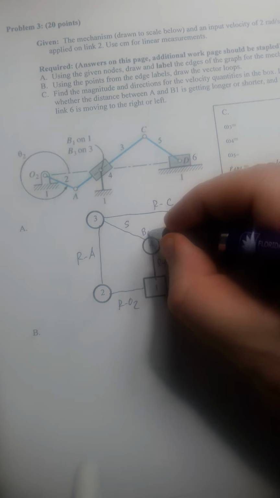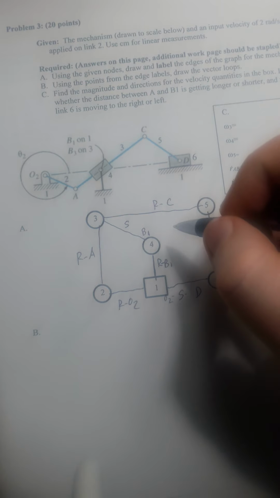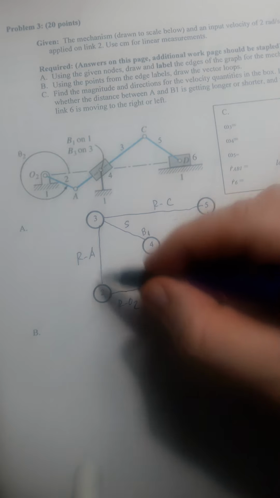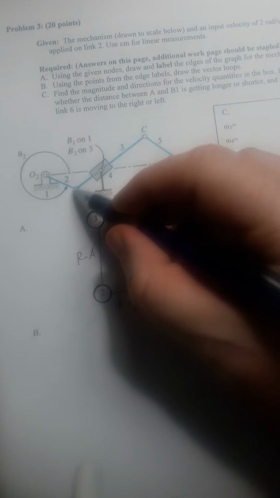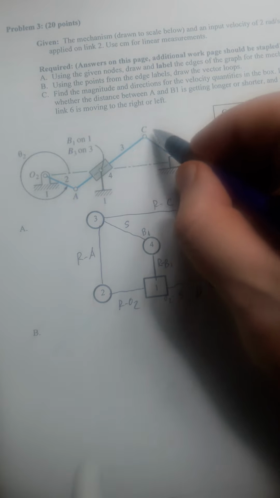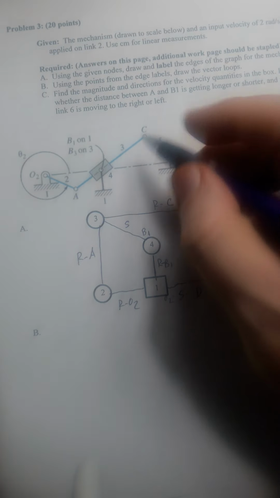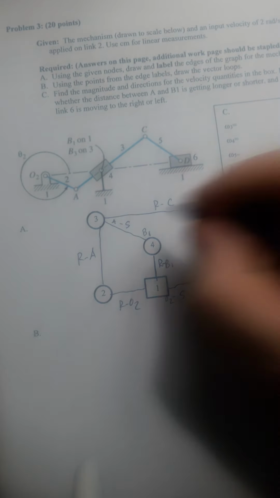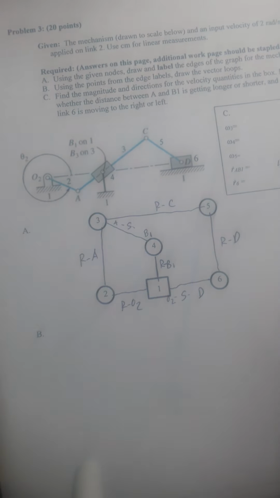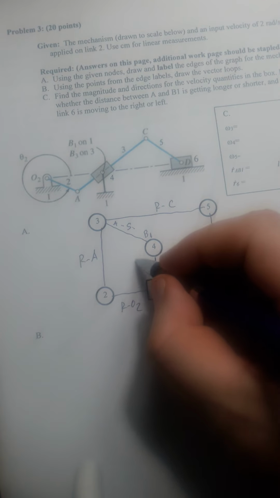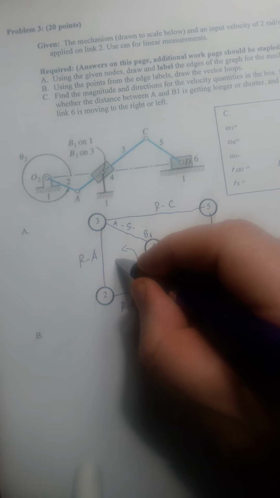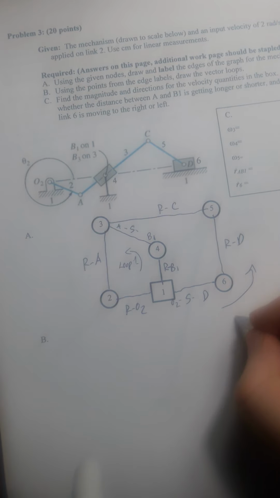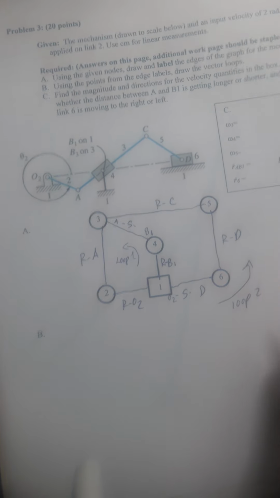So we're going to have B1 on this side, and then we get to choose: if we're going to think about this loop, it'd be better to use A, and if we were going to use this loop, it'd be better to use C. And so we have point A as the one we pick. And so I'm going to do this with this being my loop 1, and then I'm going to go around the outside for my loop 2.